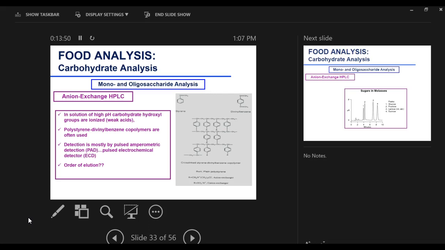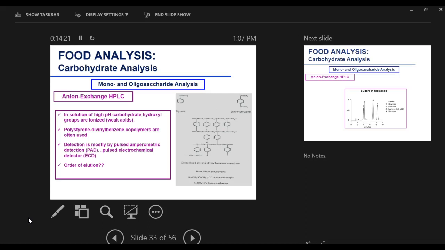So once they're negatively charged, then you can use anion exchange chromatography. So the anion exchange, meaning we are exchanging the anions. The anions, or the negatively charged molecules, can go between the stationary phase and the mobile phase. So we use polystyrene, divinylbenzene, and copolymers that are derivatized to carry a positive charge.